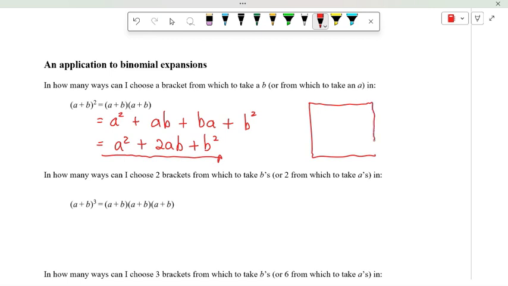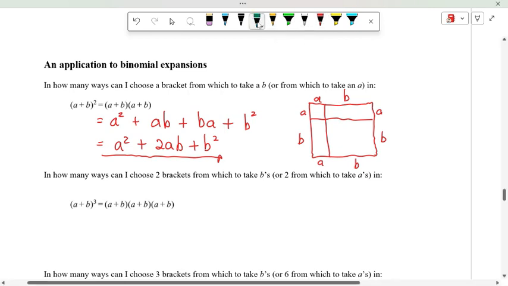If we had a square here, all right, made up like this, where this little piece here is A and that's A. This longer piece is B, that's A, that's B, that's B, and that's A, and that's B, all right? What we've actually got here, we've got 4 shapes. The area of this whole shape will obviously be A plus B multiplied by A plus B.